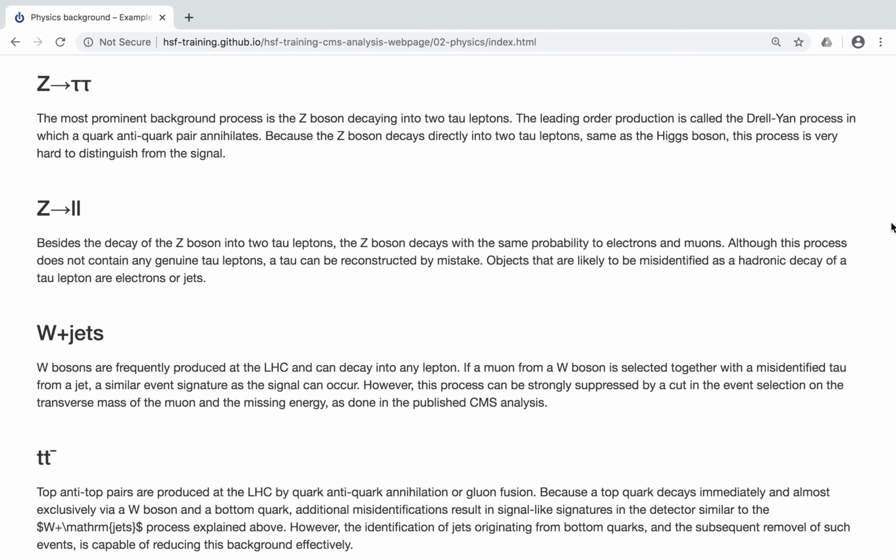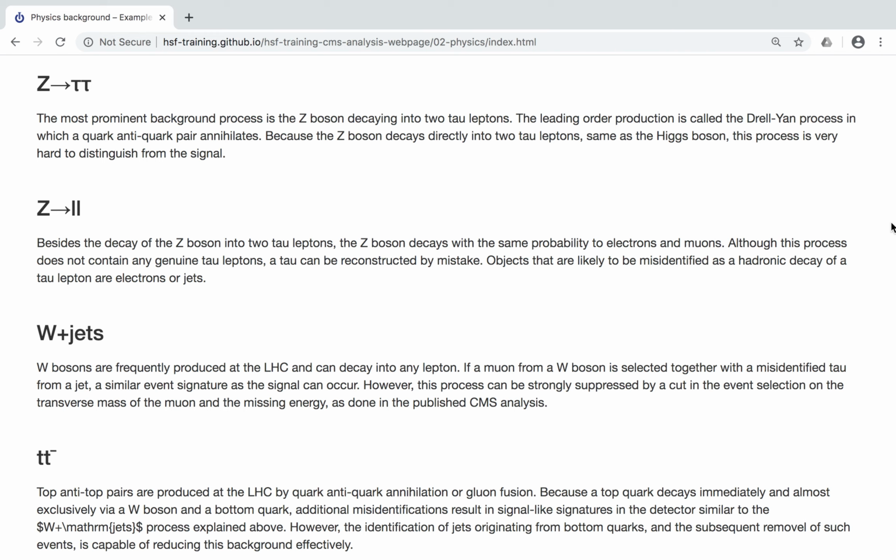Other than the Z boson decaying to two tau leptons, it can also decay to electrons and muons. So this process doesn't contain genuine tau leptons, but you could mistakenly reconstruct a tau. There are objects that are likely to be misidentified as a hadronic decay of a tau lepton, like electrons or jets. So other big fuzzy objects in our detector with a lot going on.